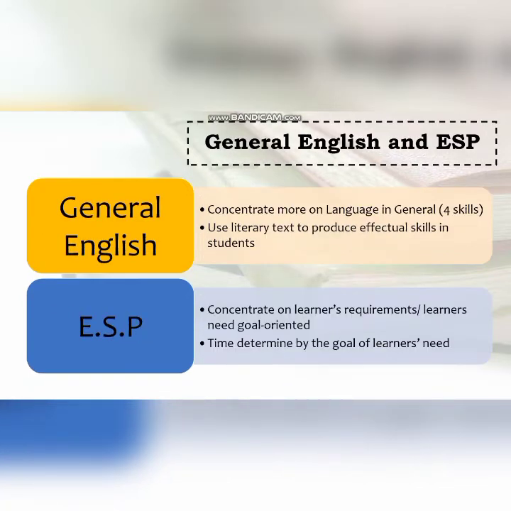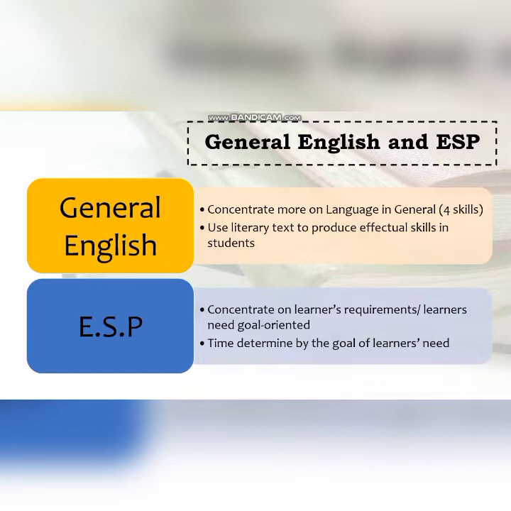Let's come to the general English and ESP differentiation. In general English, the students concentrated more on language in general. They may master 4 skills, listening, speaking, reading, and writing, and also vocabulary or grammar. But in ESP, they more concentrated on the requirements or their need or their goal oriented.